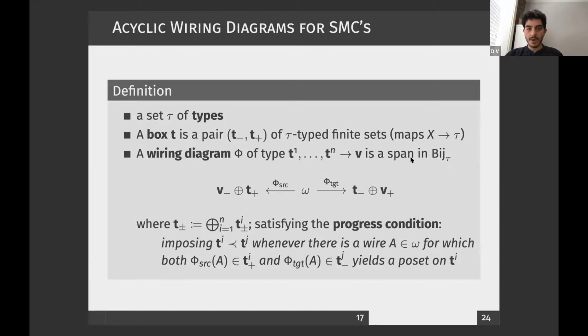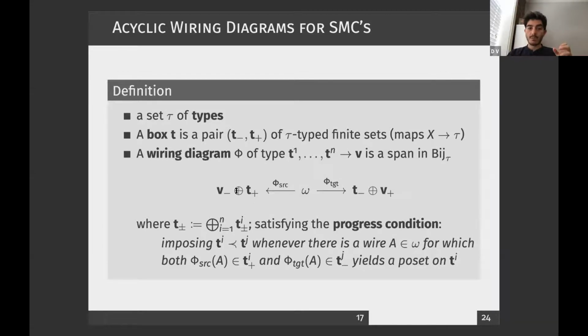A wiring diagram, with inner boxes T1 through Tn and outer box V, is a span in the category of bijections of spans of tau-typed finite sets, where we call the negative the imports and the positive the exports.